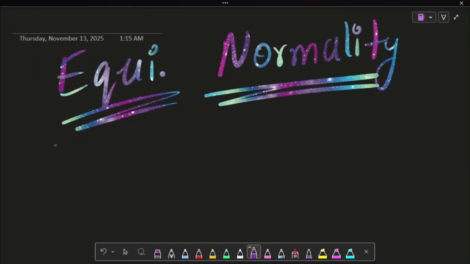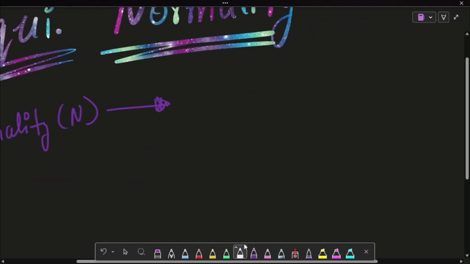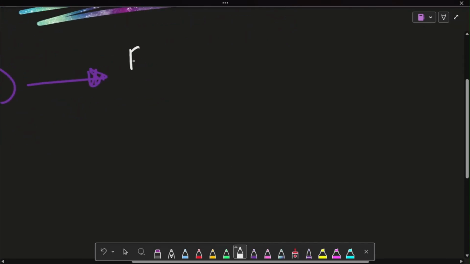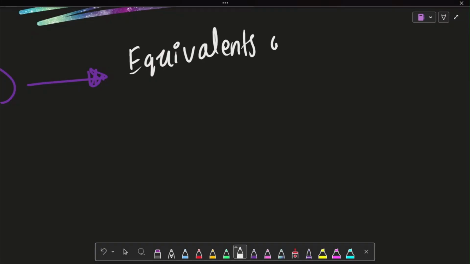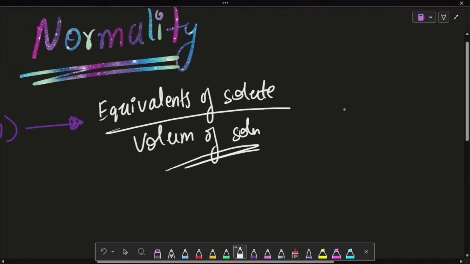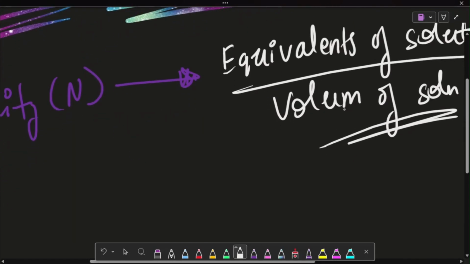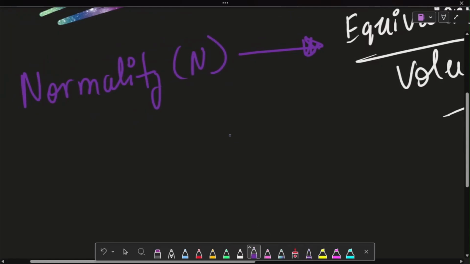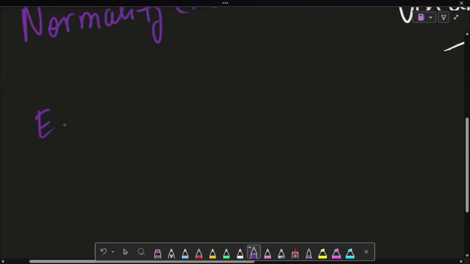First is normality, N. This is nothing but equivalence of solute divided by volume of solution. Second term, equivalence, which we just saw right now.